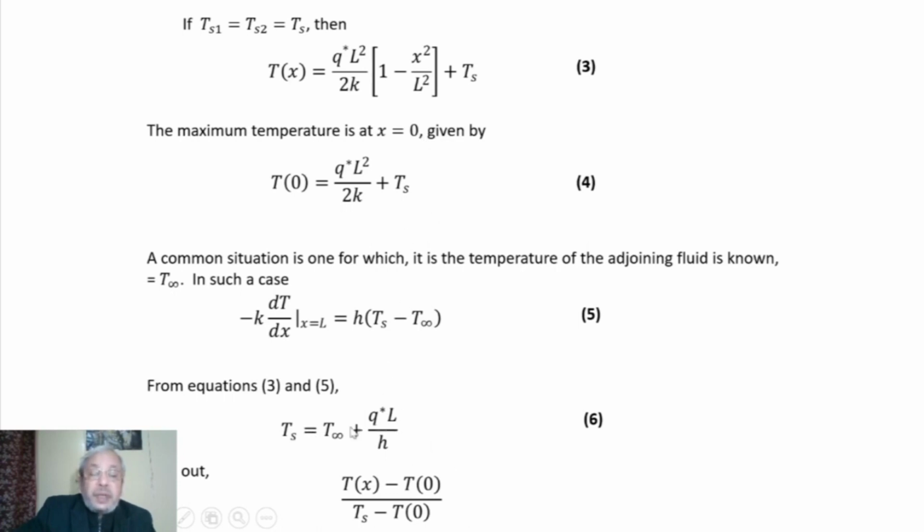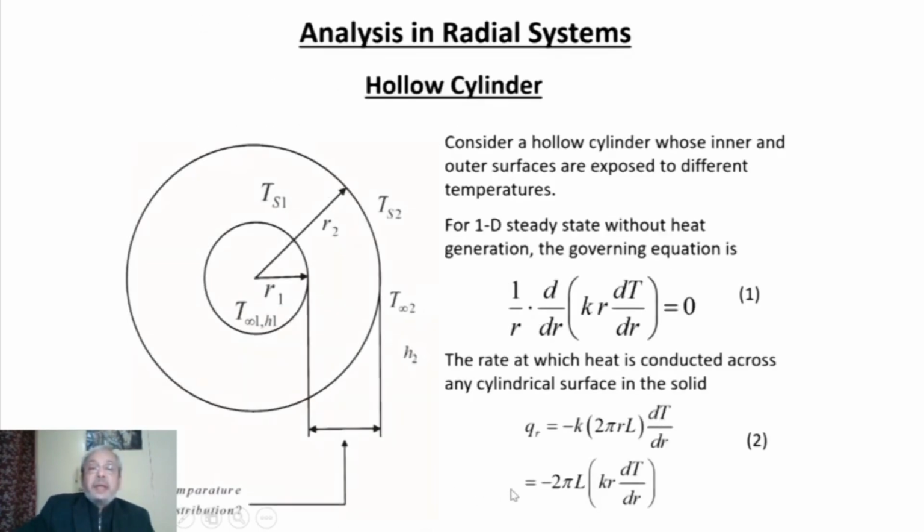From these three, please try to find out the functional relationship in the form of non-dimensional temperature, which is given by Tx minus T0 or Tmax, divided by Ts surface temperature minus again T0 or Tmax maximum temperature. Having done that, we will take up a radial system.